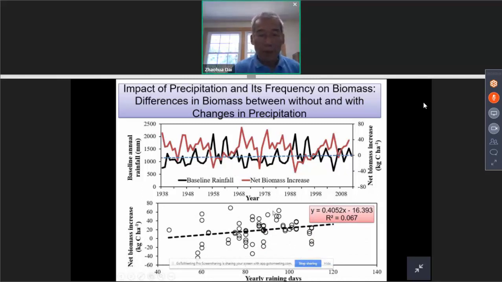And then the biomass increased, and there is the long-term trend. But here we just increase the precipitation by 10% based on the original precipitation for this whole period.